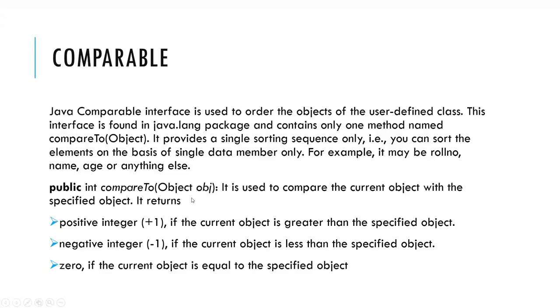It will return a positive integer if the current object is greater than the specified object, a negative integer if the current object is less than the specified object, and 0 if the current object is equal to the specified object. So let's see it in an example.